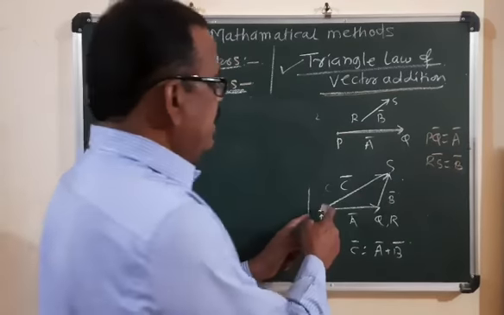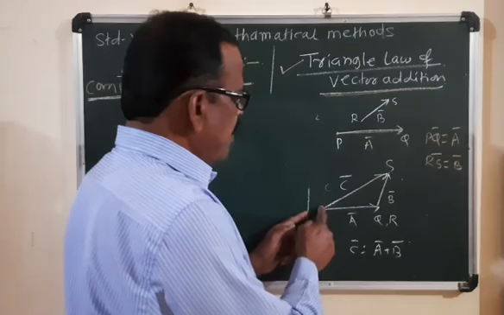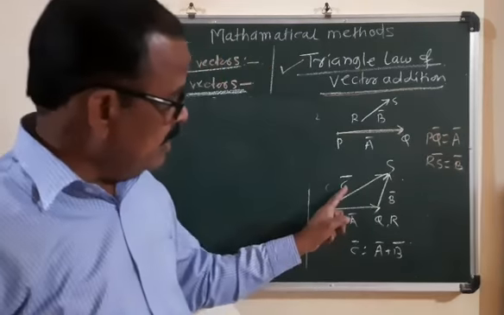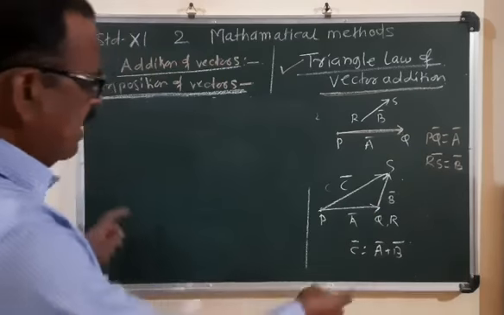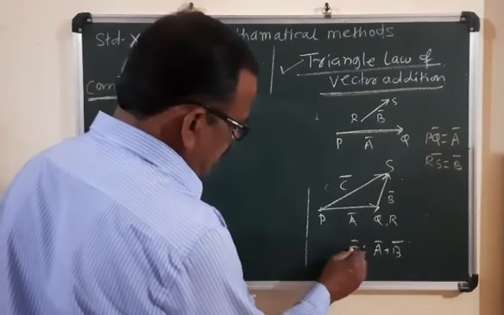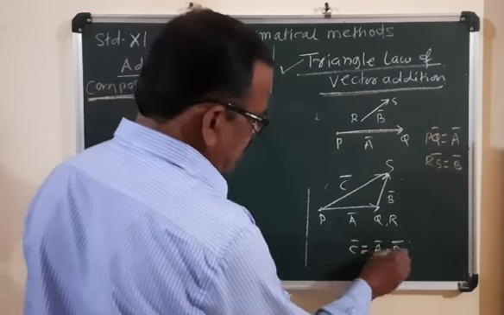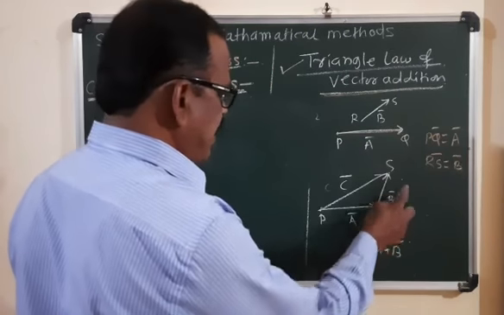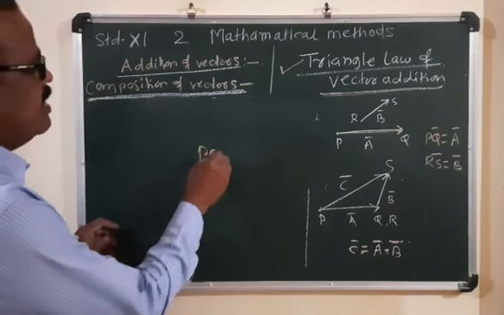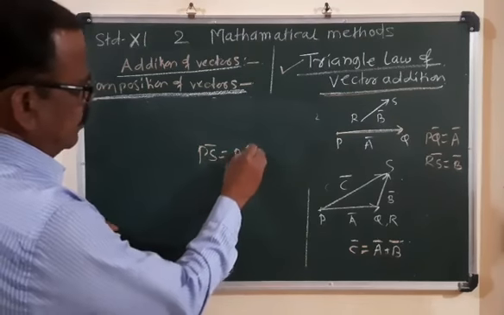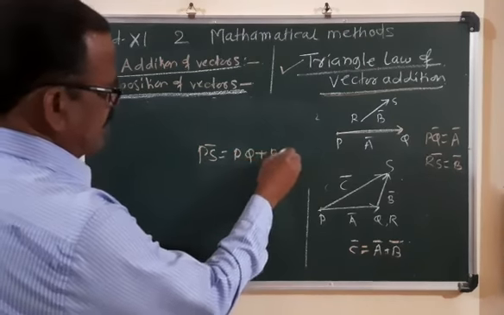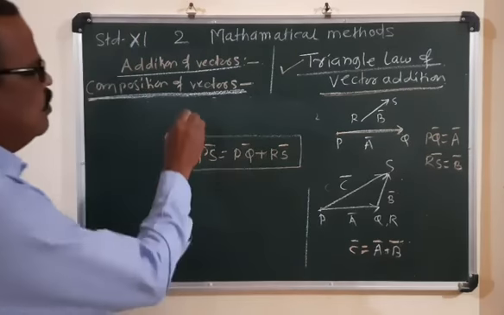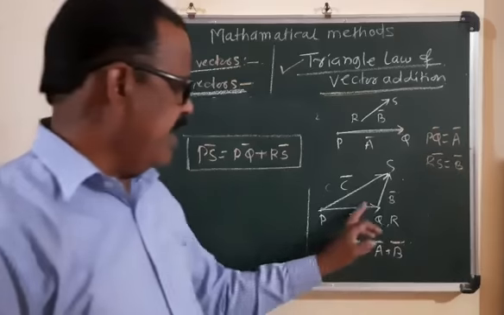Then the remaining side, drawn from the point P to the point S, represents the resultant of these two vectors, which can be written as C bar is equal to A bar plus B bar. That is PS bar is equal to PQ bar plus RS bar. This is the resultant of two vectors added by the triangle method.